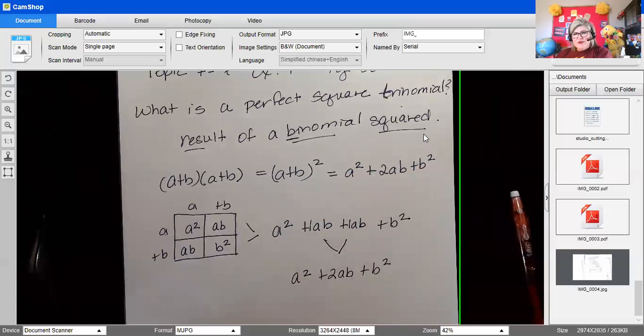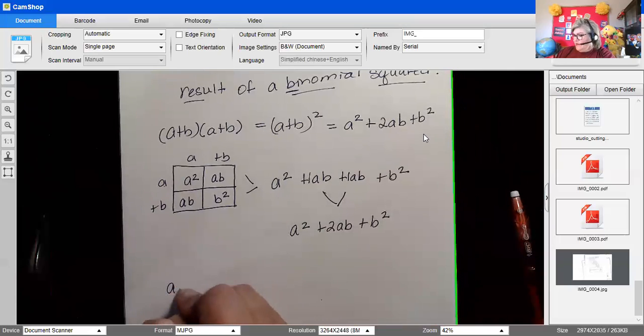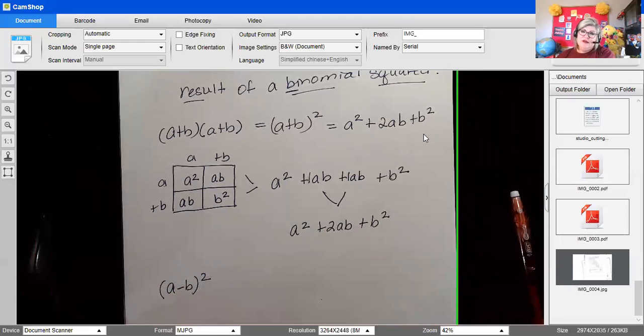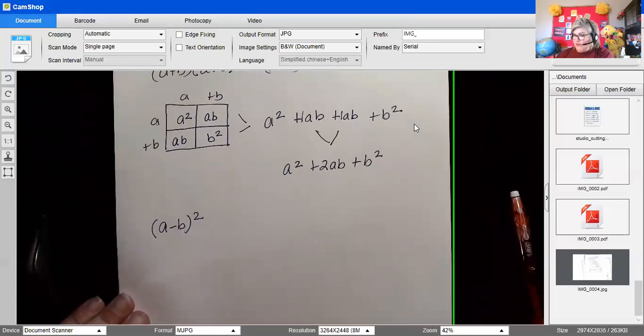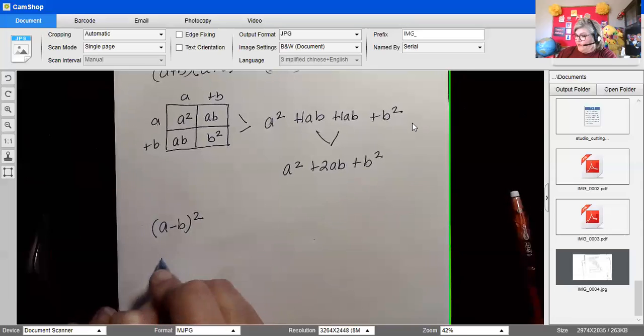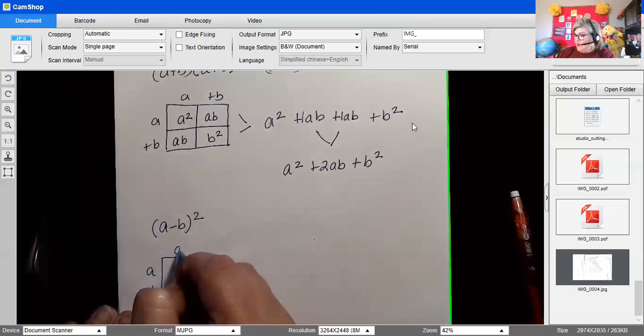Well, what about if you have a minus b squared? Let's look and see how this will differ when we use our area model again. So we have our area model, and we have a minus b, a minus b.